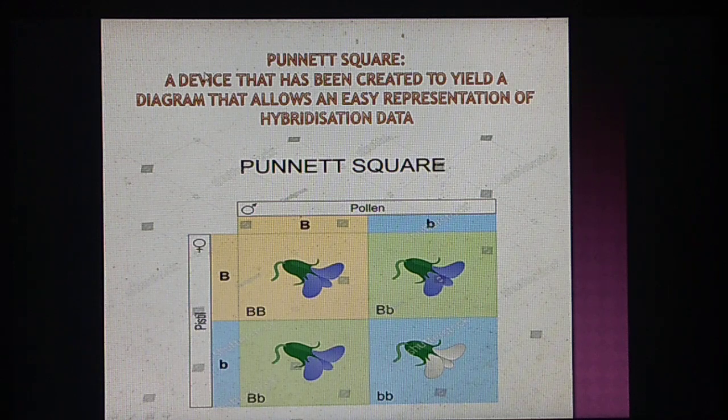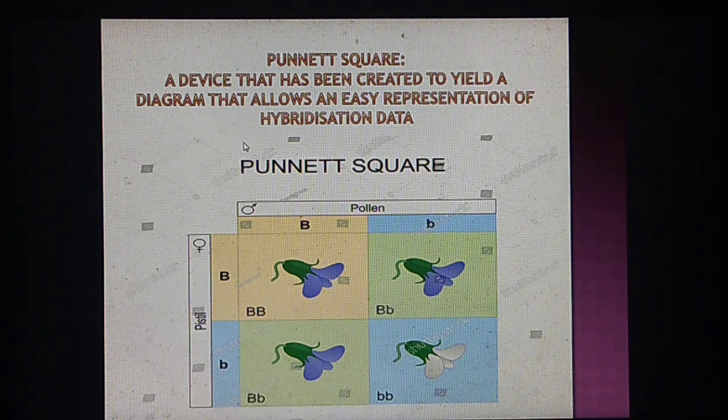Punnett square. It is a device that has been created to yield a diagram that allows an easy representation of hybridization data. So, this was used by Mendel in order to explain, with his mathematical and statistical logic, the inheritance from one generation to other.